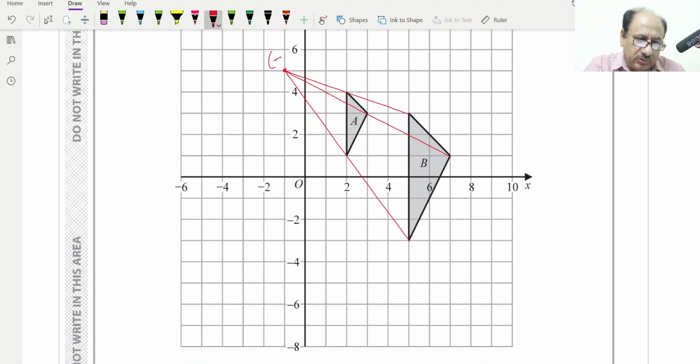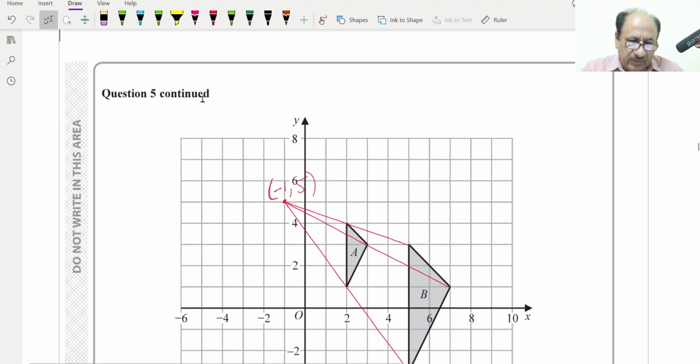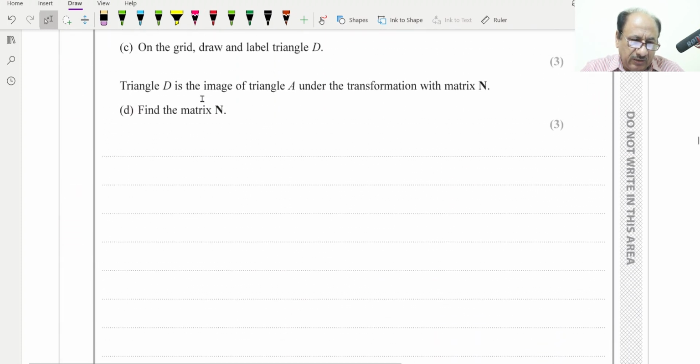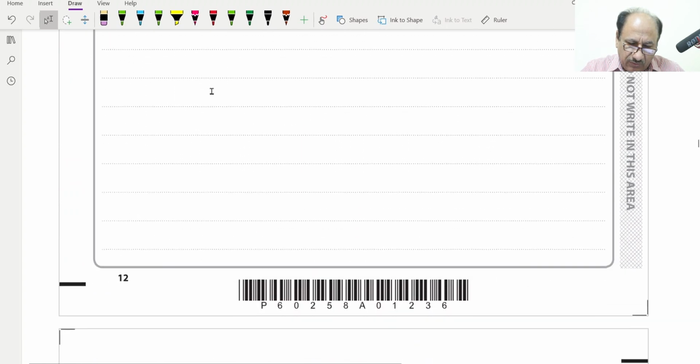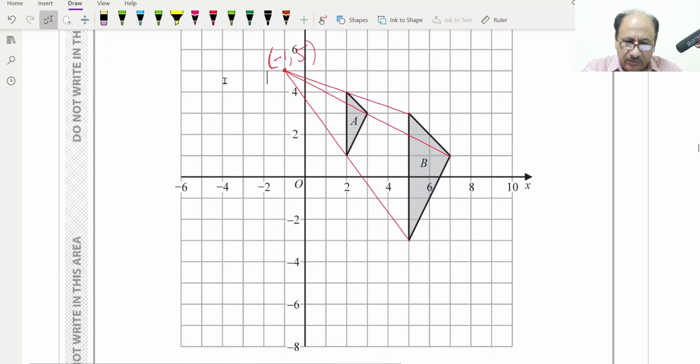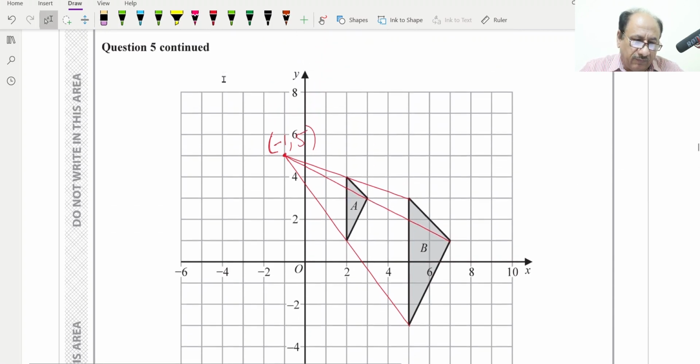So we can provide the answer. This is enlargement by scale factor 2. Why scale factor 2? Because this is doubling the size. If you check, for example, this side is doubled by this side, so it's doubling in size, so the scale factor will be 2.